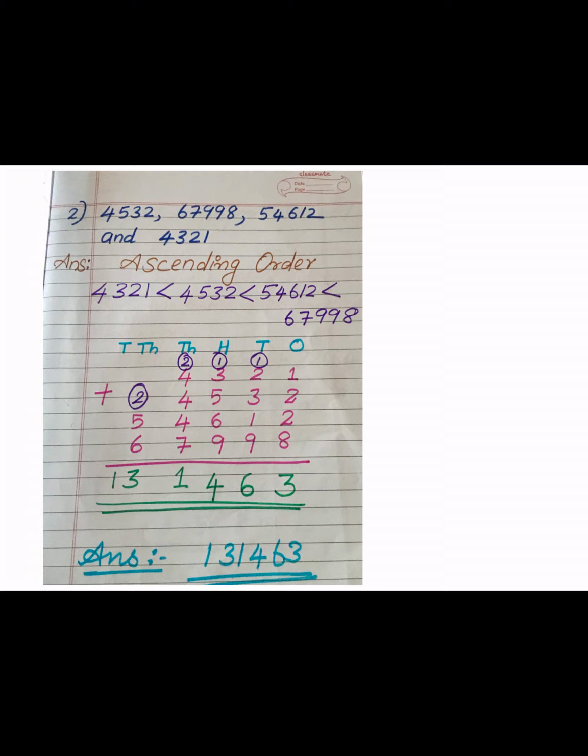You can see how I have arranged. One more thing, when I arrange the numbers for addition, I keep some space between each digit. If you arrange like this, you will not get any confusion about which numbers we have to add together. Follow like this.